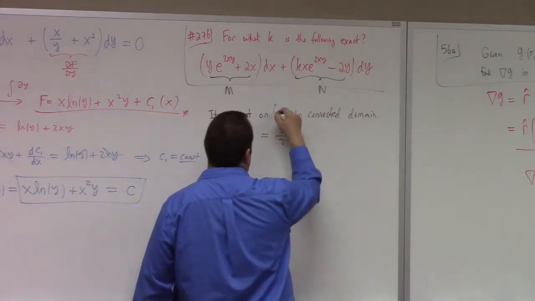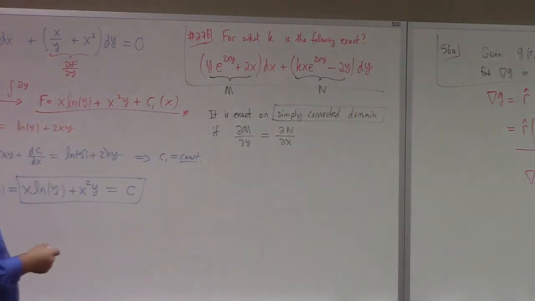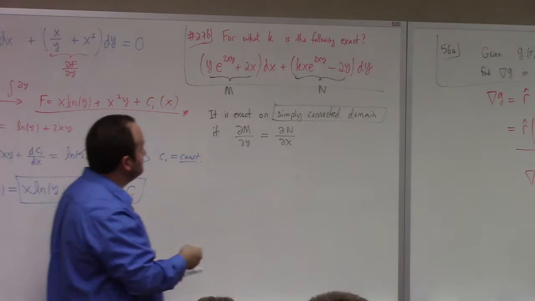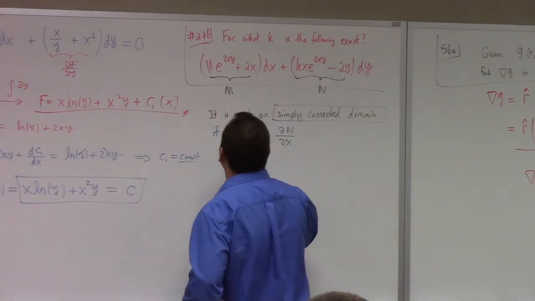Now, this simply connected domain stuff, don't worry too much about right now. This calculation is going to make sense on the plane. The whole plane is simply connected. So whether or not you have a technical understanding of what simply connected means just yet, it doesn't hurt you. So we just used that little theorem. And remember what that was? That was that the partial derivatives commute, right? So what do we have to have? Partial m partial y is what?